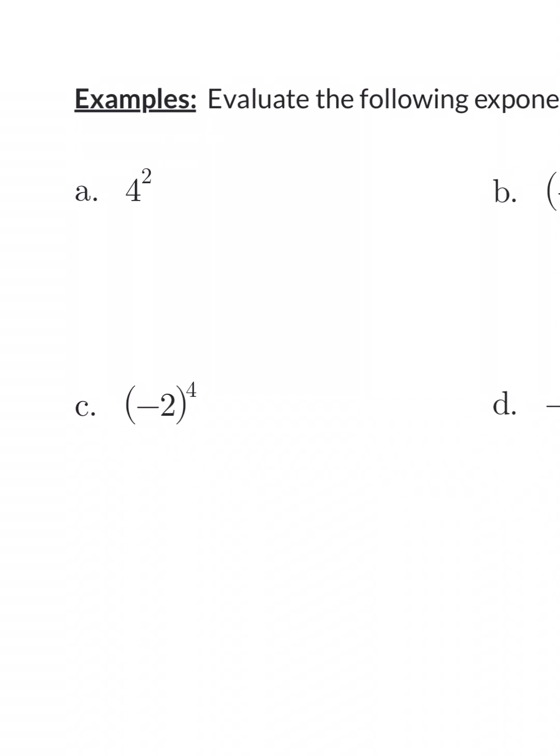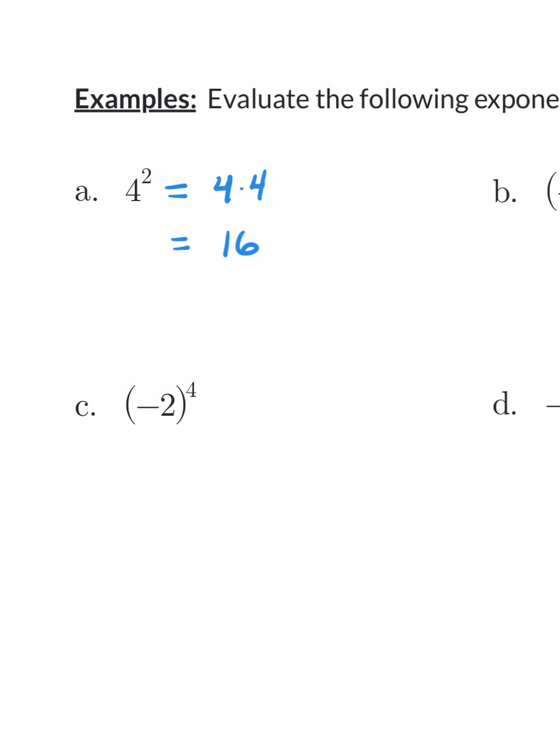It should have been something you've seen before. We're going to look at 4 to the second power. We also refer to this as 4 squared. If we write this in expanded form, this is equal to 4 times 4. And if we simplify this, this is equal to 16.